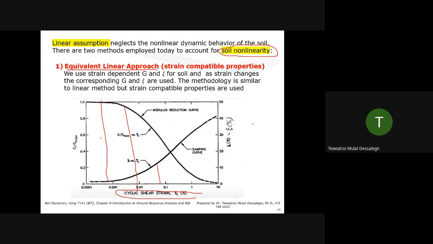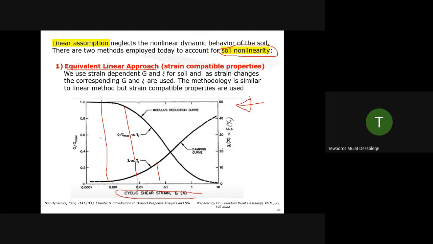Are you familiar with this? Who can tell me? Getu, how do we get these G/Gmax and damping curves? Which chapter did we discuss that we can get this from? The dynamic soil properties, chapter 5.